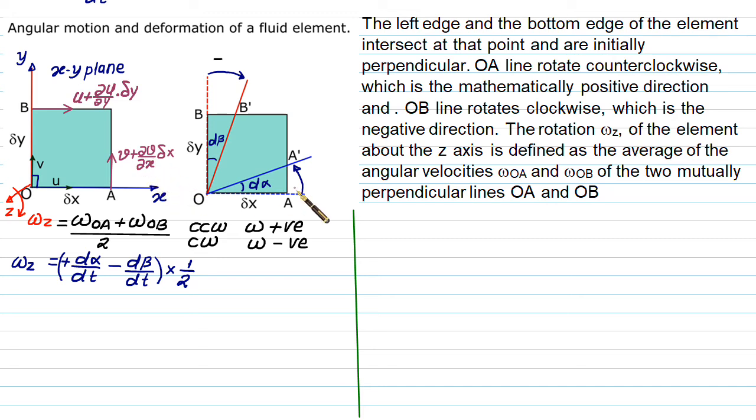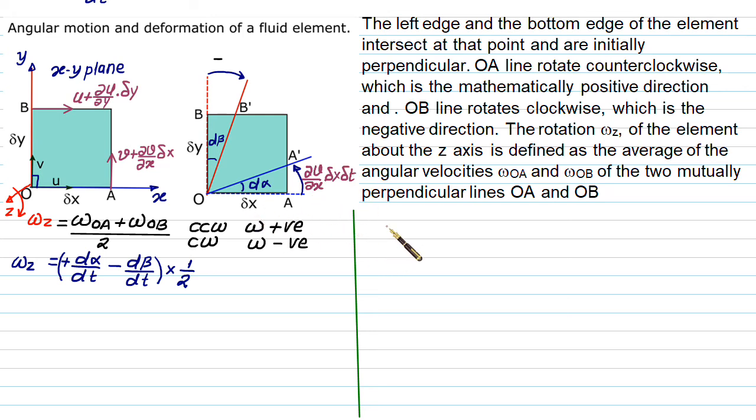So this angular deformation will be equal to, in the vertical direction, the difference del v by del x into the distance traveled delta x, into the time delta t. Using this we can calculate d alpha.